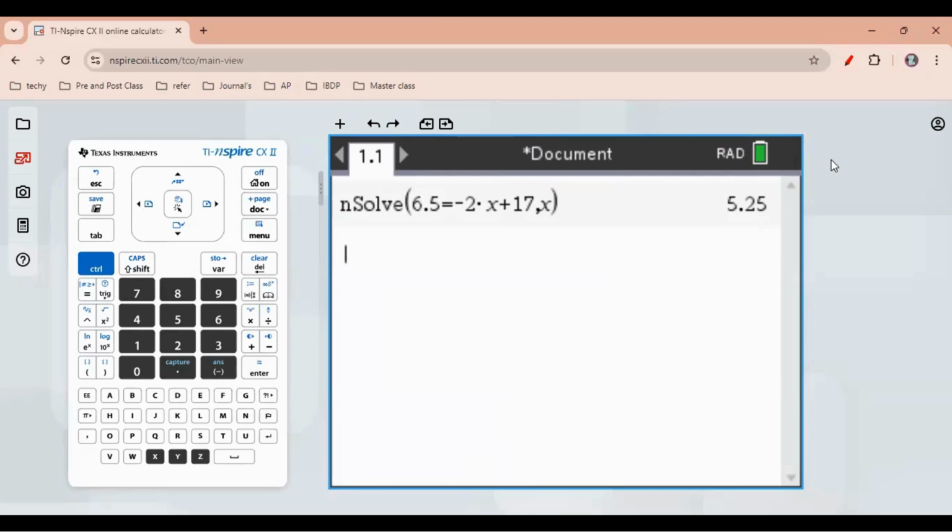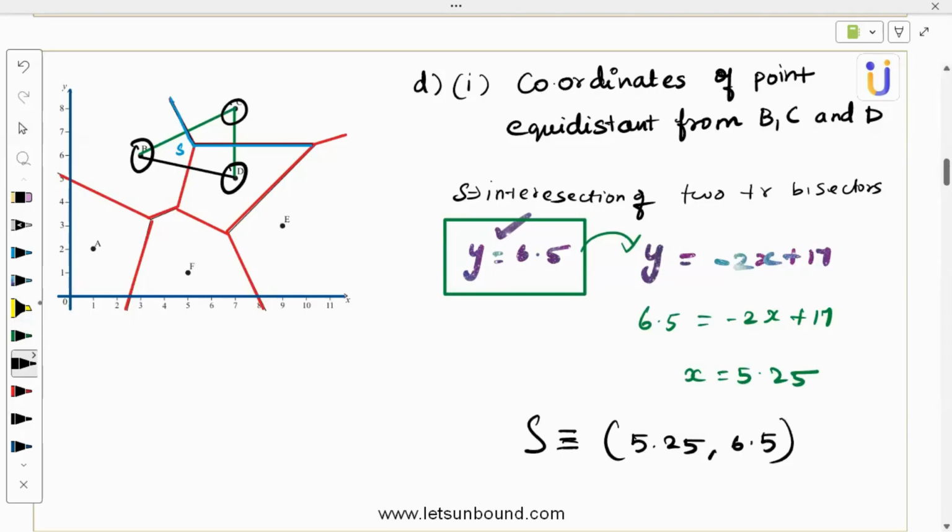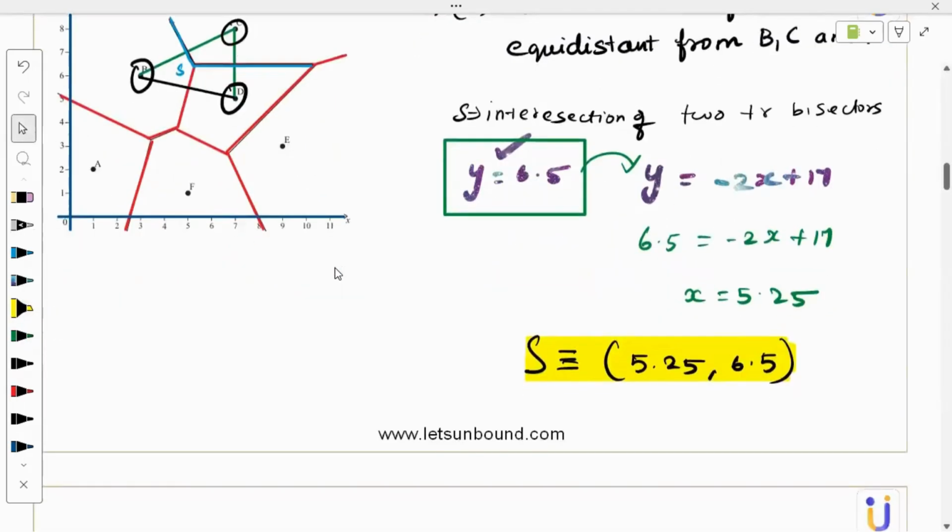I'm going to use it over here. So I got my x from the graphing calculator. It's 5.25. So the coordinates of that point, which is equidistant from B, C, D, is solved. And we got it as 5.25, comma 6.5. Right? Fine. And moving to the next part.